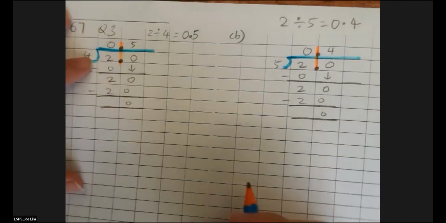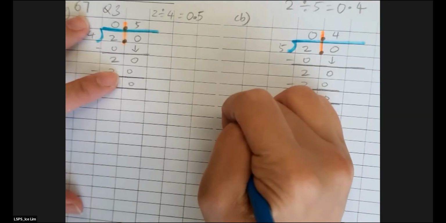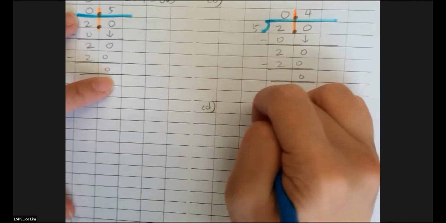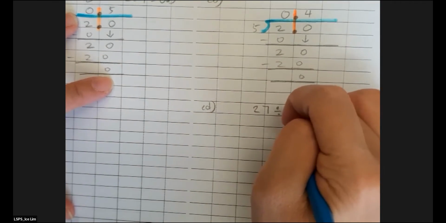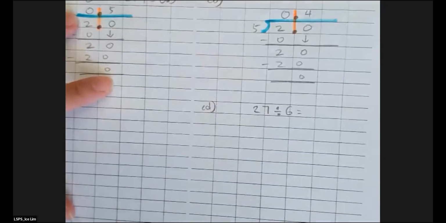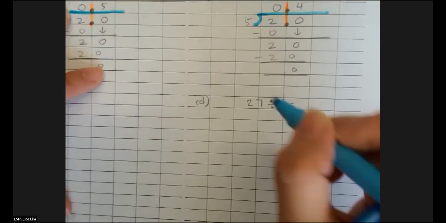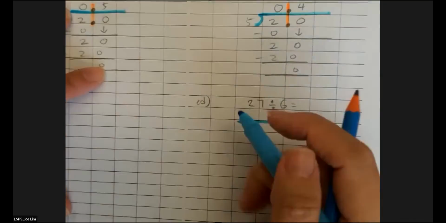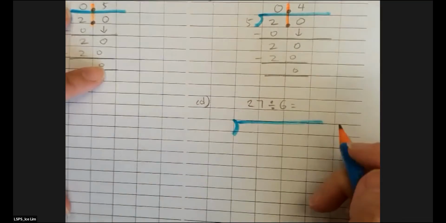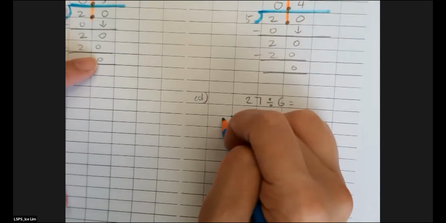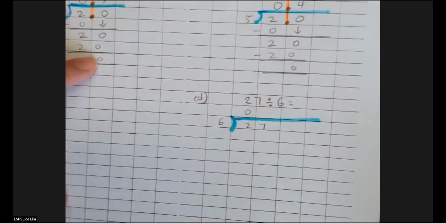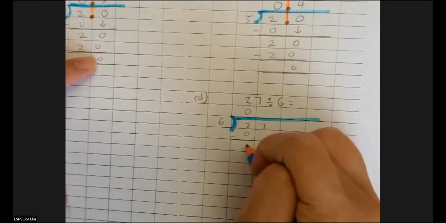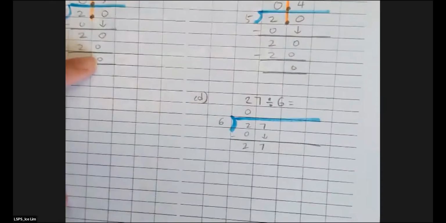So let's say I go to D. D is 27 divided by 6. Now, this one a bit more complicated. $27 divided by 6. Okay, one's place cannot do anything. Tenth place cannot do anything.